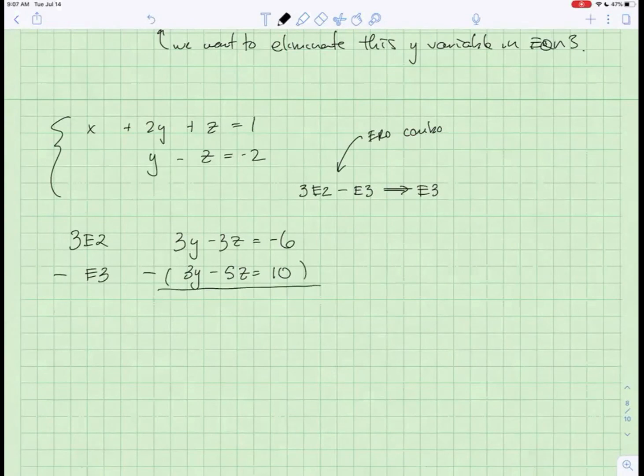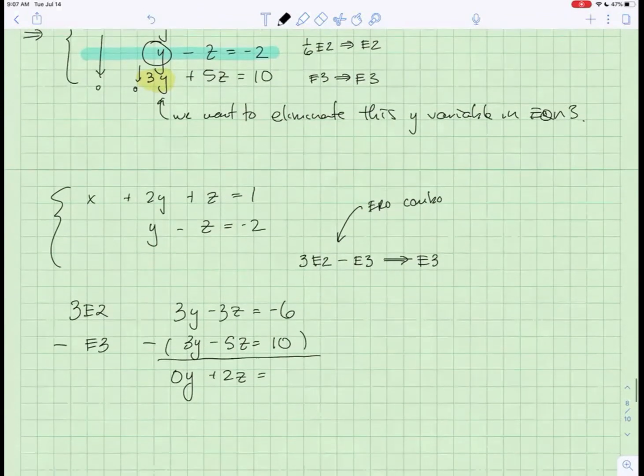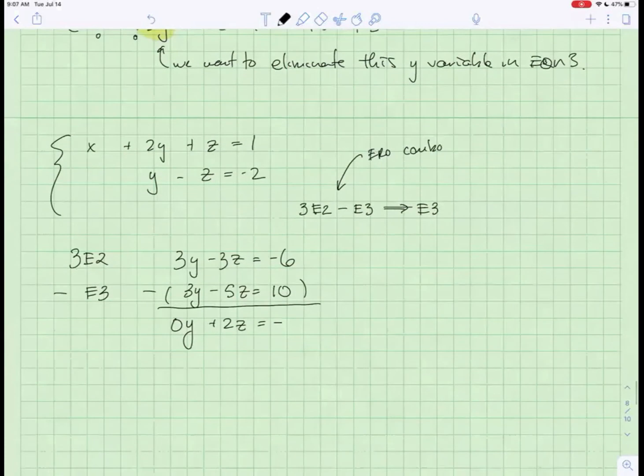And 3y minus 3y is 0 y's. -3z minus -5z is -3 plus 5 is a positive 2z. And -6 minus 10 is equal to -16.